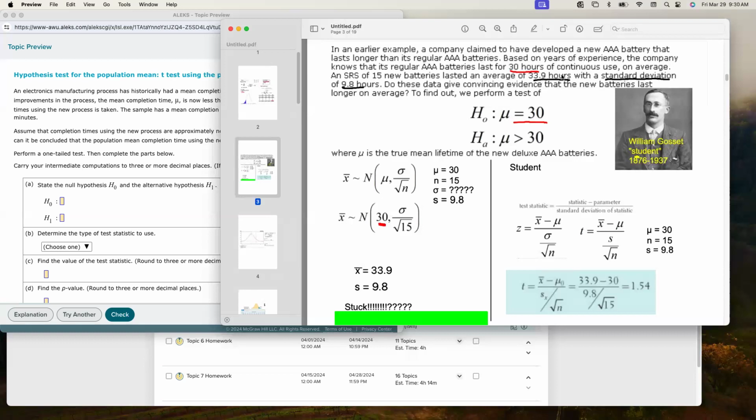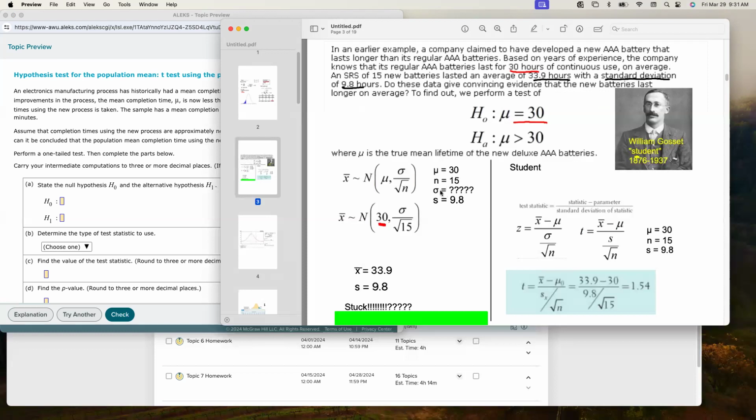Because if they come up with new batteries and the mean changes, is the standard deviation going to change? We can't always assume it's going to be the same as it was in the previous measurement or population, so to speak, because we're dealing with the population of old batteries here and the population of new batteries.